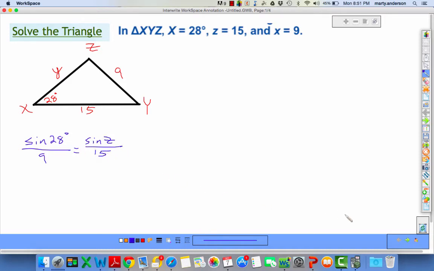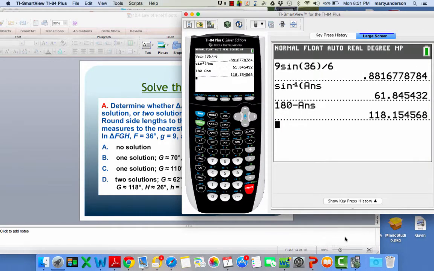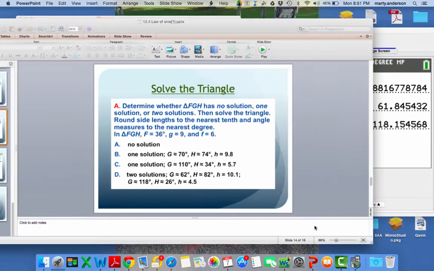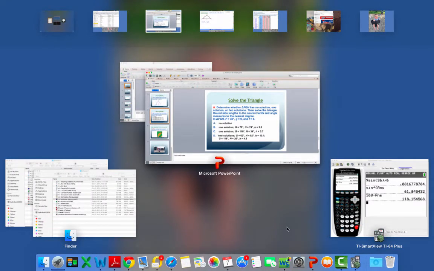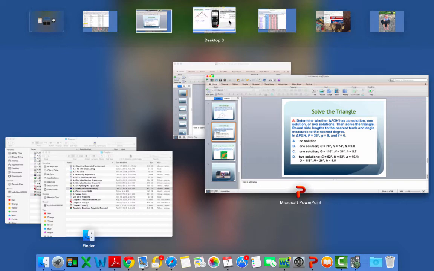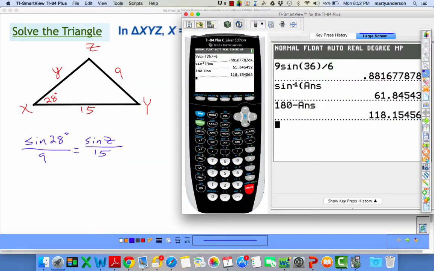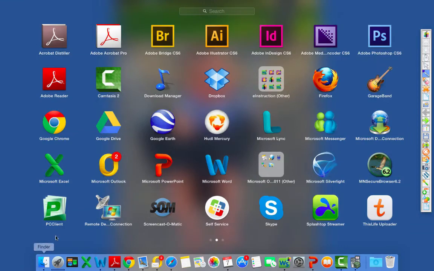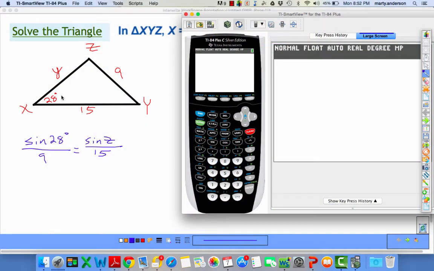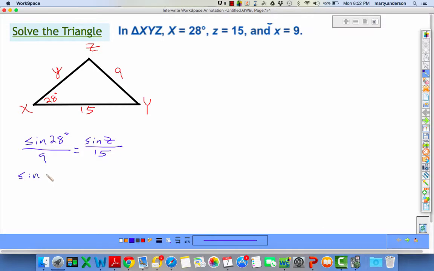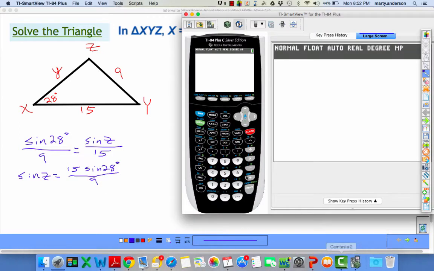And now I can cross multiply and solve this thing. Let me get this calculator up here for us. When I cross multiply, the sine of Z will be equal to 15 times the sine of 28 divided by 9.